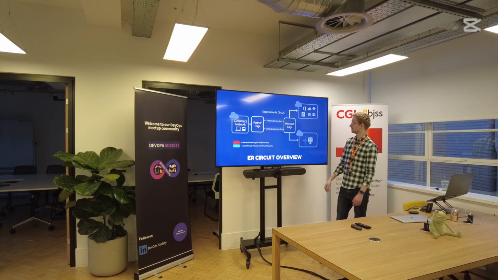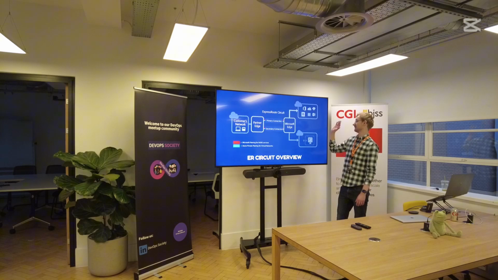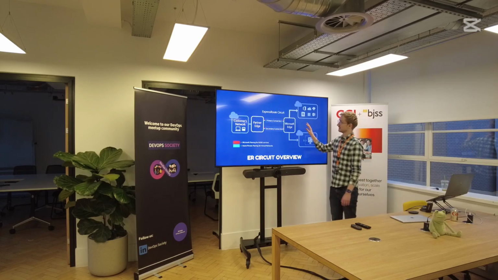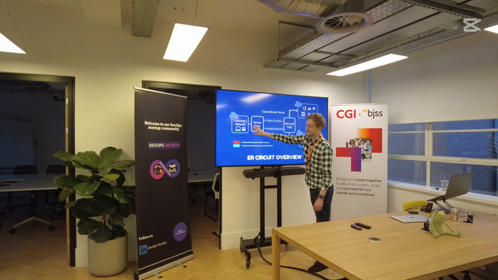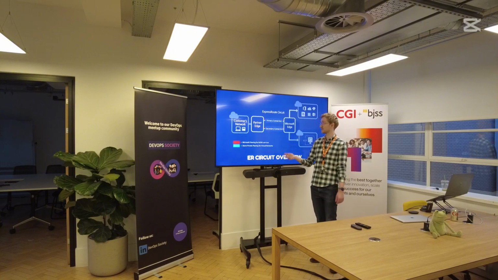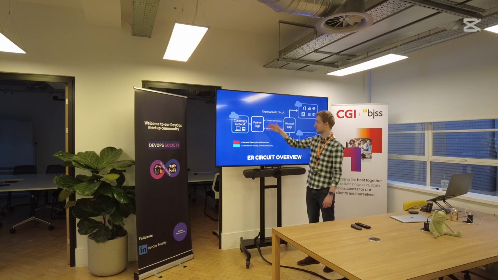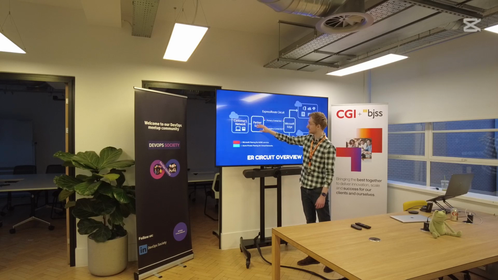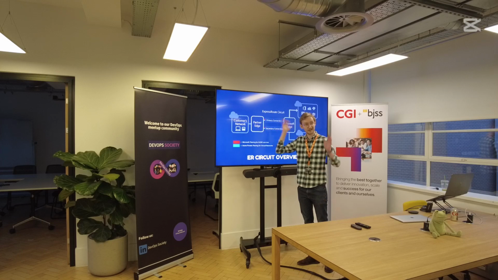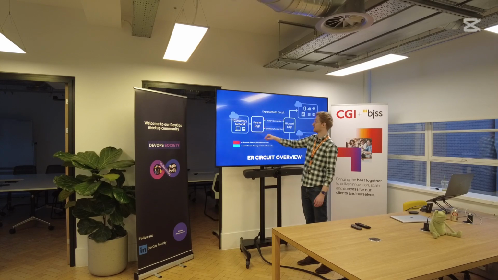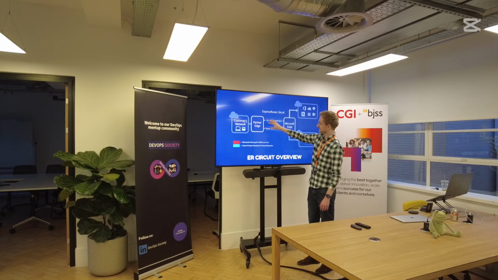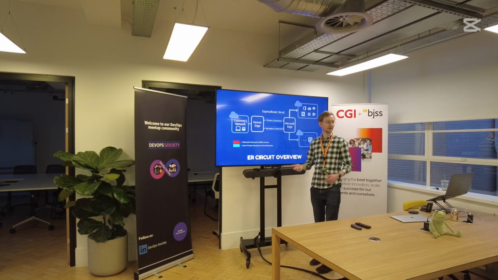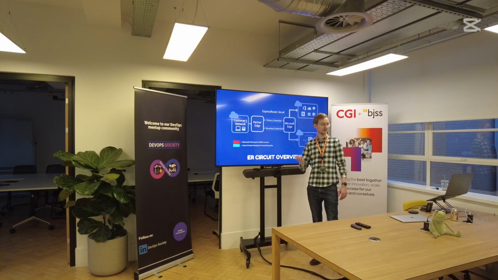In an ExpressRoute circuit, we have the customer's network, so that's our network. Let's say we're an enterprise. We have our network stack and routers, so if we have the data center here, that's the customer's network. Then we have the partner edge. The partner edge is a company, usually a big network service provider.